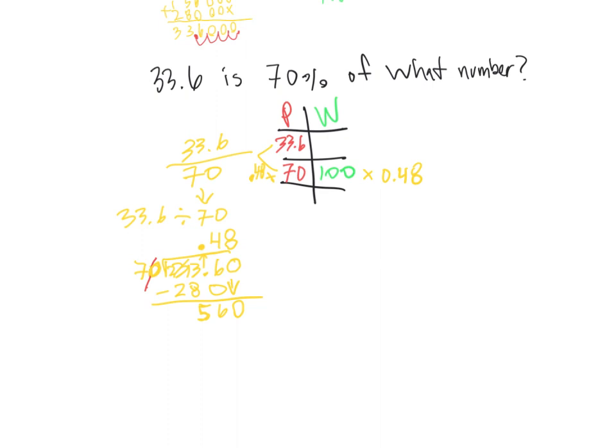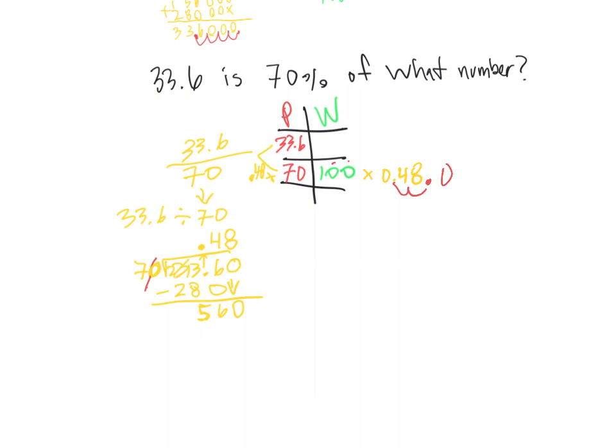So we're just going to be moving the decimal points over to indicate that it has been multiplied by 100, or 2 powers of 10. So we'll take that decimal, because we have 1, 2 zeros here, we'll go ahead and move that decimal over 1, 2, and that gives us 48.